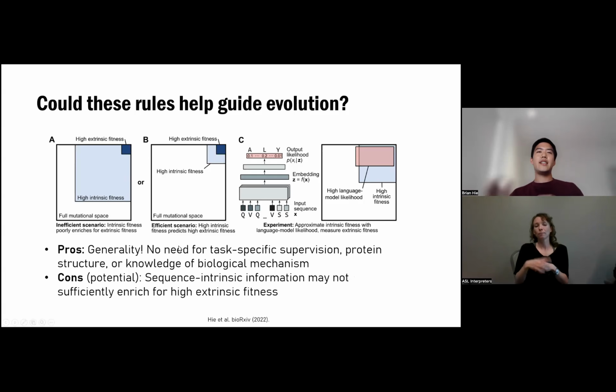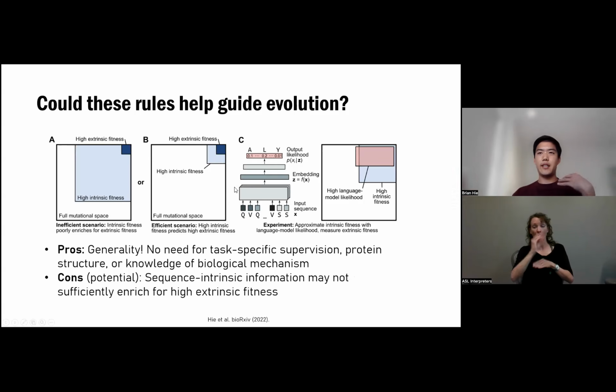The pros of using just a sequence-intrinsic model for guiding evolution, I think, are pretty clear. You don't need to explicitly model P of extrinsic fitness. You don't need to collect a bunch of task-specific data and train a supervised model on that information.